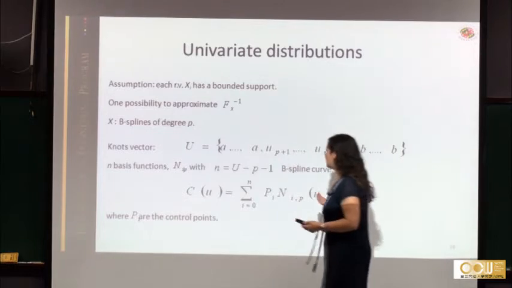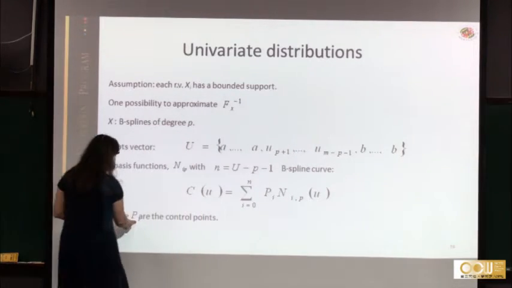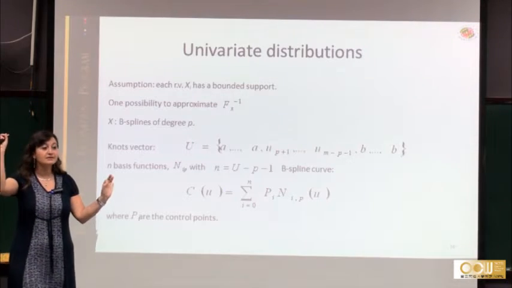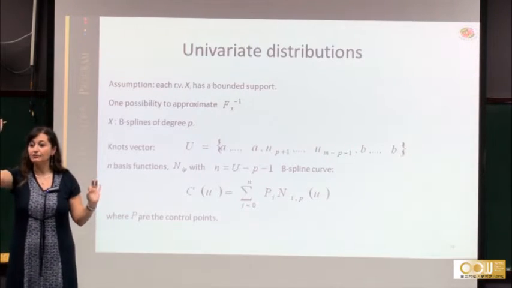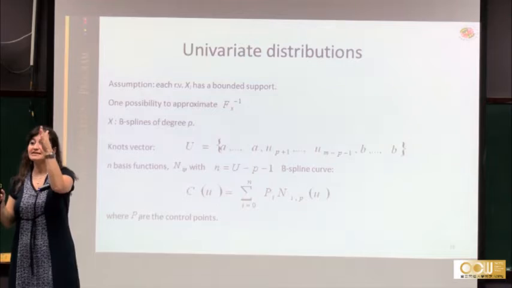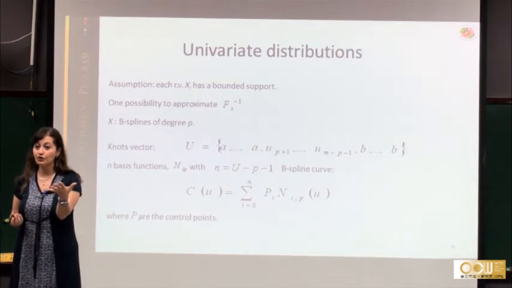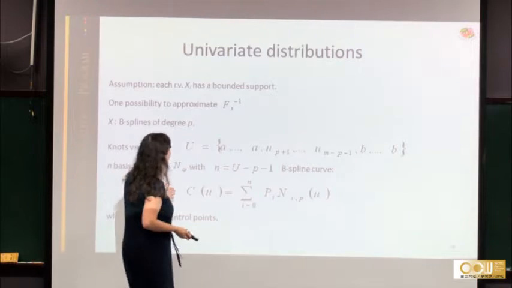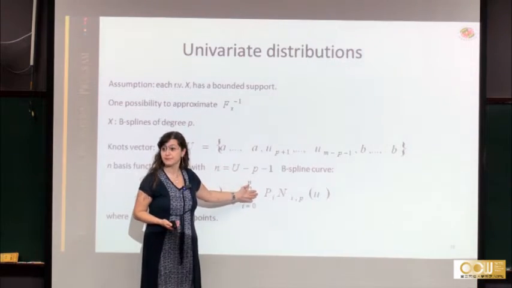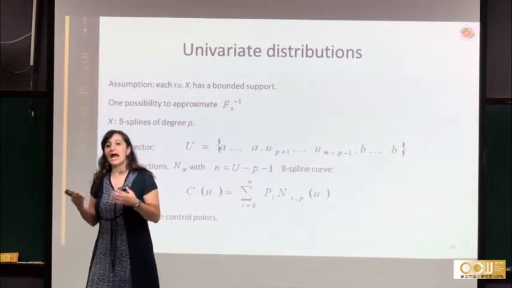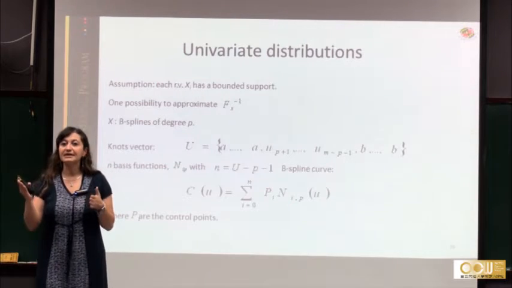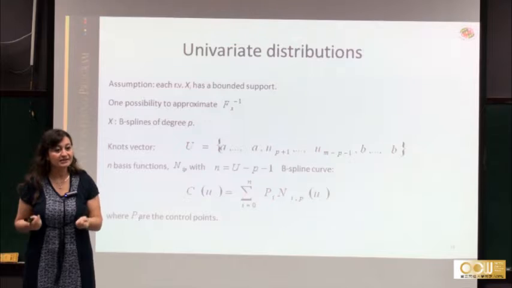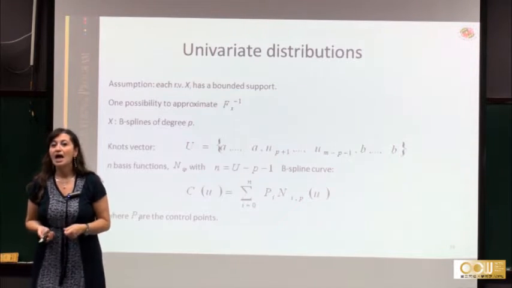How it works? It works that you establish how many control points you want. For example, you say, I want to estimate the control point at 0, at 1, 25, 50, 75. In this case, you have 5 control points. Depending on these 5 control points, it determines how many of these knot vectors you need. But you can say, well, I want, for example, 0, 1, but I want 10, 20, 30, and you can have a final representation of your distribution.